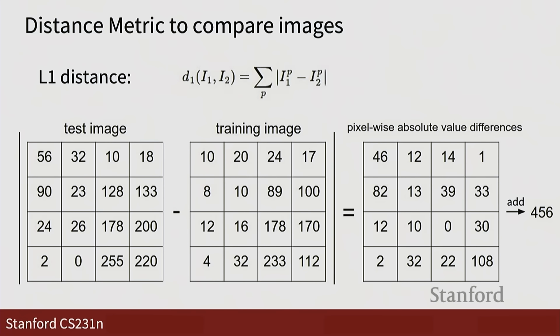So this is the most basic distance function, but it's actually very useful in many applications. We'll be coming back to this L1 and other variations of distances in the class quite often.